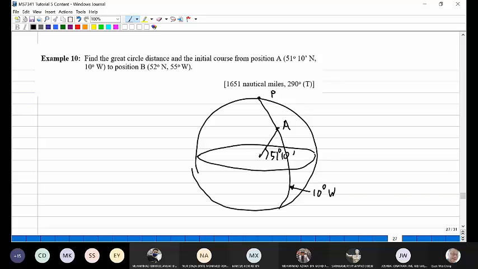And then point B is somewhere here, going to the west. So let's see, this is the one. This is 55 degrees west. And if we go further north now, this is point B. And this one is 52 degrees, so this angle is 52 now.